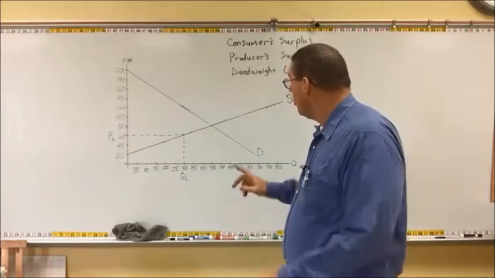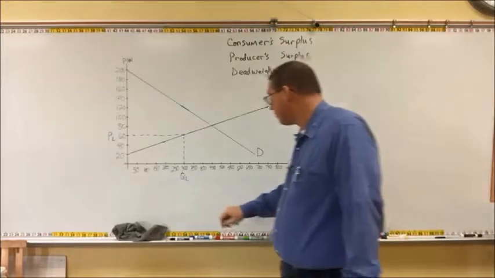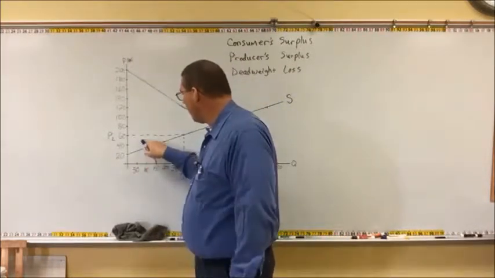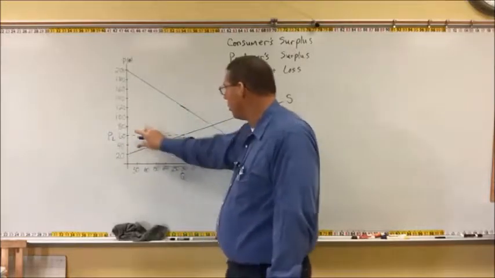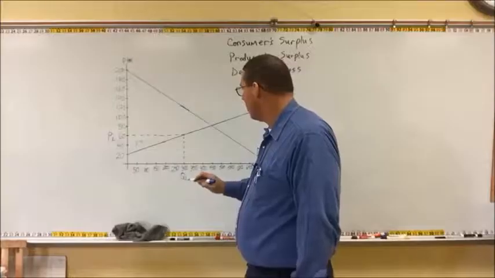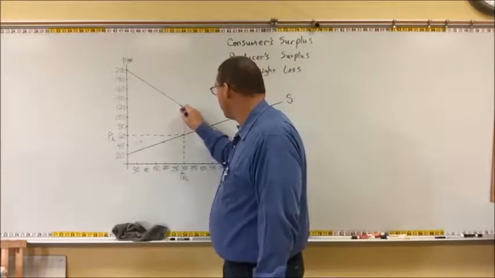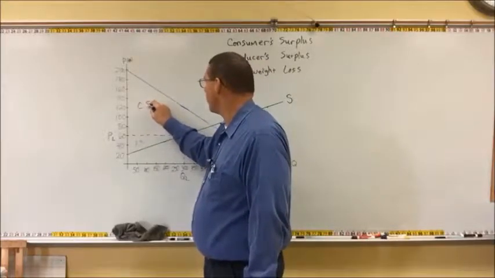But here's the deal. We want to calculate the consumer surplus, the producer surplus, and the deadweight loss. Now, notice the distance between the supply curve and the price now, this is the producer surplus, it is much smaller. It has shrunk considerably. And if we go all the way up to the demand curve here, this huge area right here is the consumer surplus.